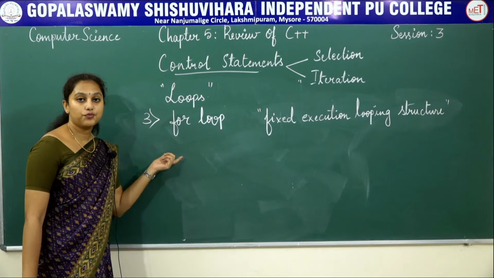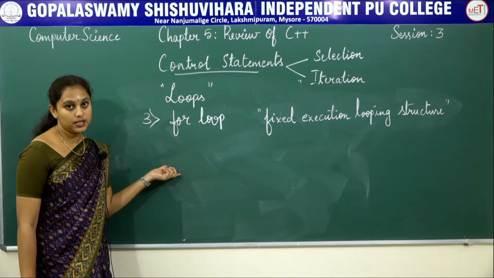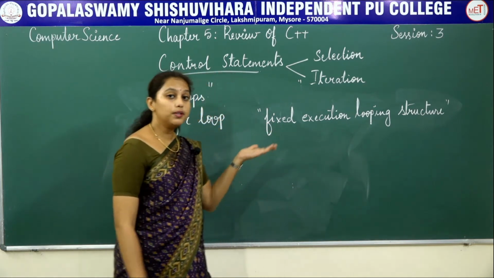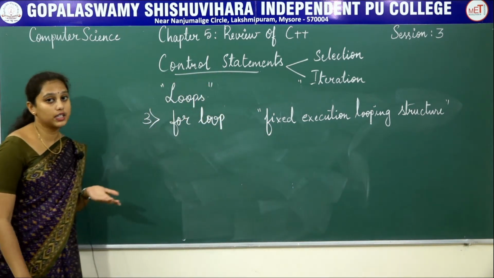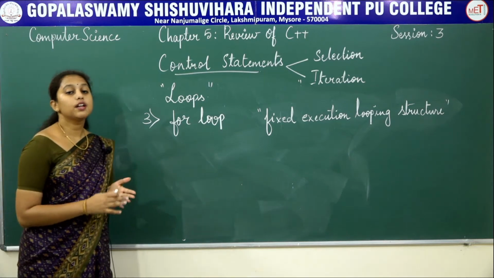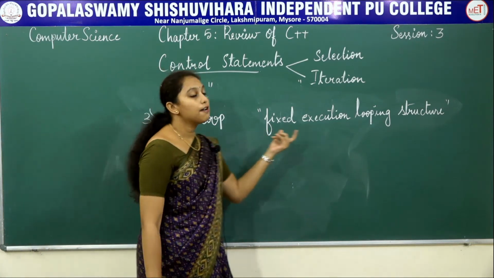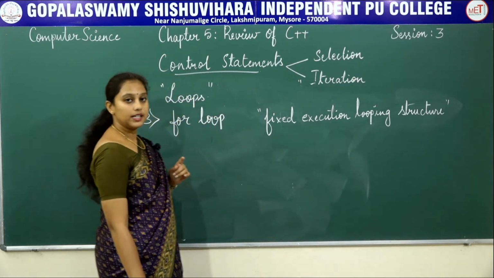Why it is called as fixed execution looping structure means, in advance we know how many times the loop has to get executed. In that condition we are going to use this for loop. Hence it is called as fixed execution looping structure.